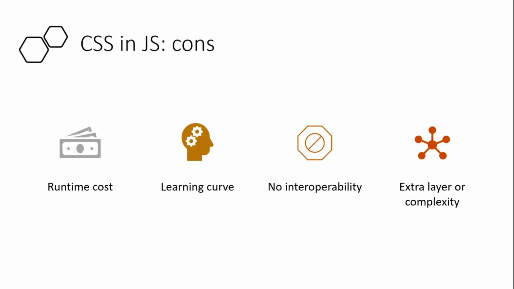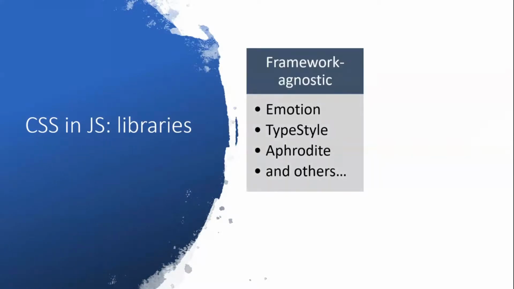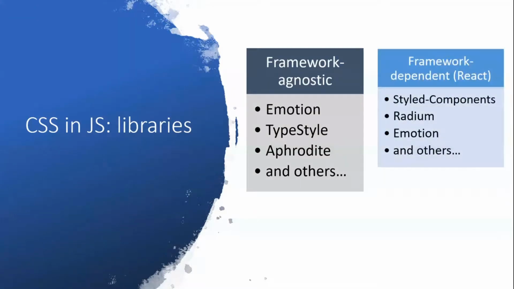But so far we talked about the concept itself, but not specific tools. Why not fix it? Yes, when it comes to libraries, we can divide all libraries into two big categories. The first one is framework agnostic, and the second one is framework dependent.